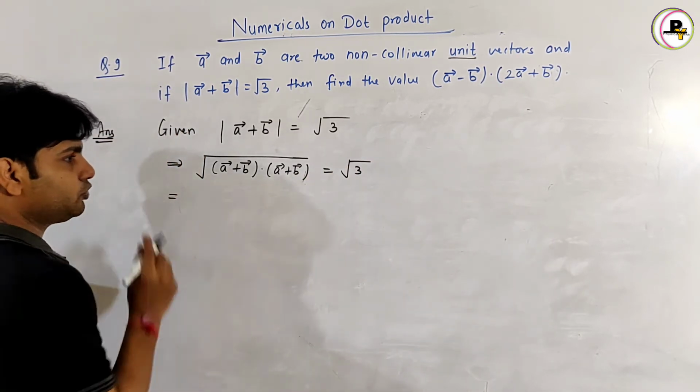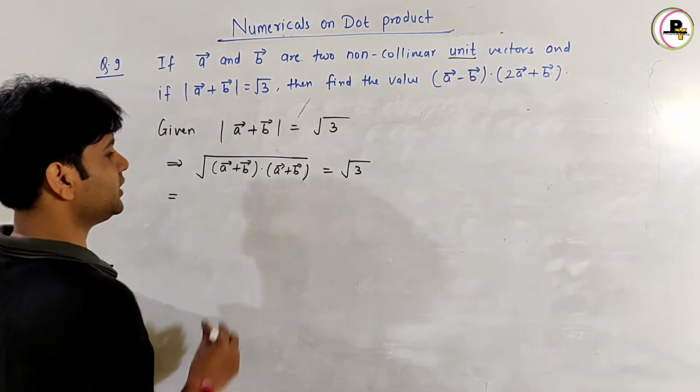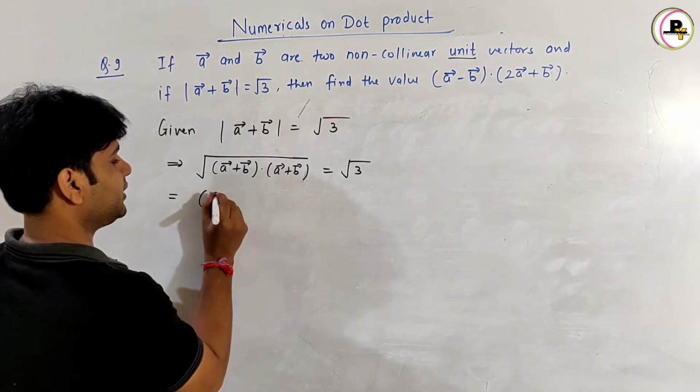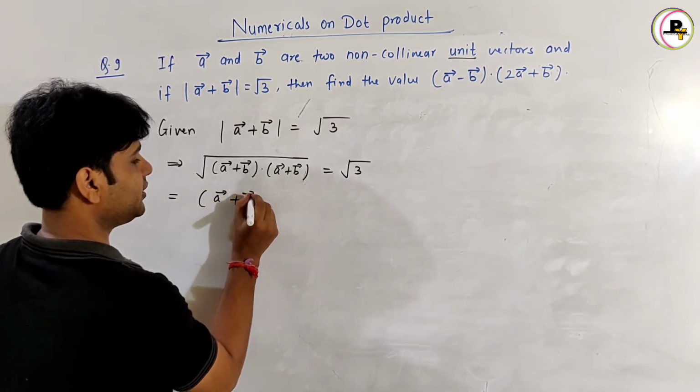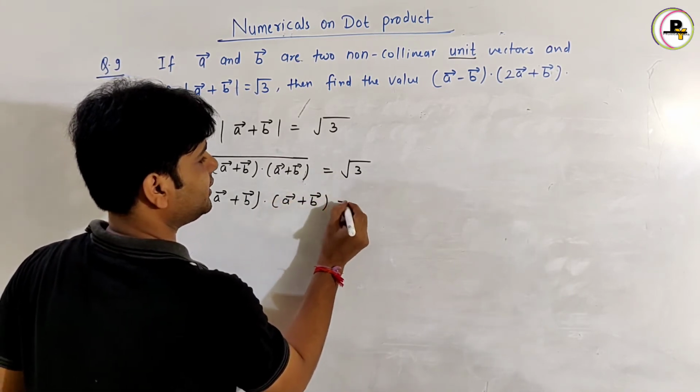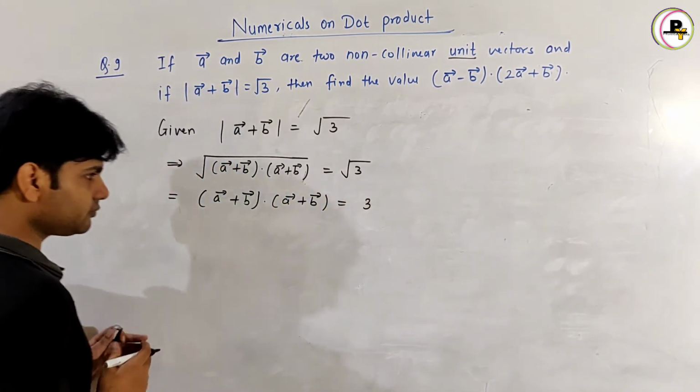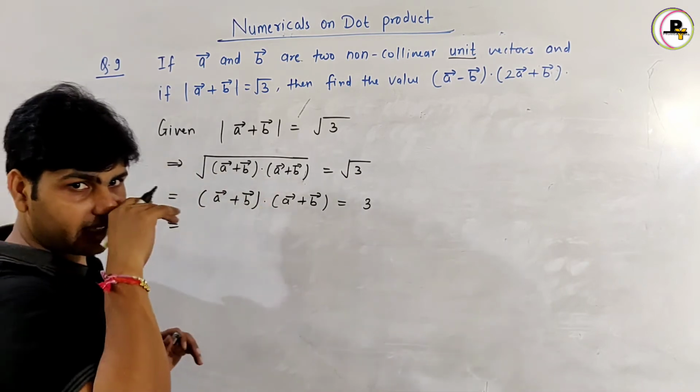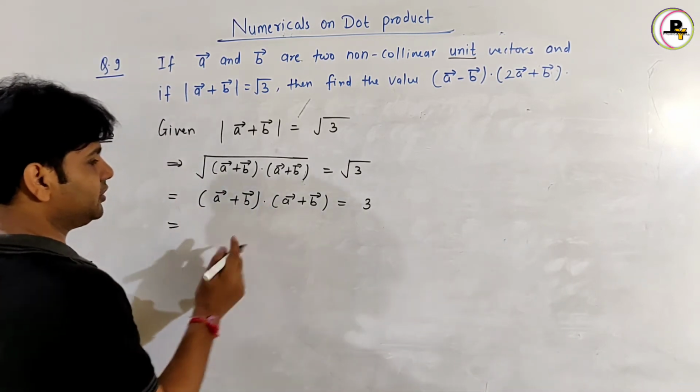And if I am squaring this equation from both sides, then I get what? A vector plus b vector dot a vector plus b vector, and this is equal to 3, and this value is equal to, as I have solved in the previous question, this value is equal to what?